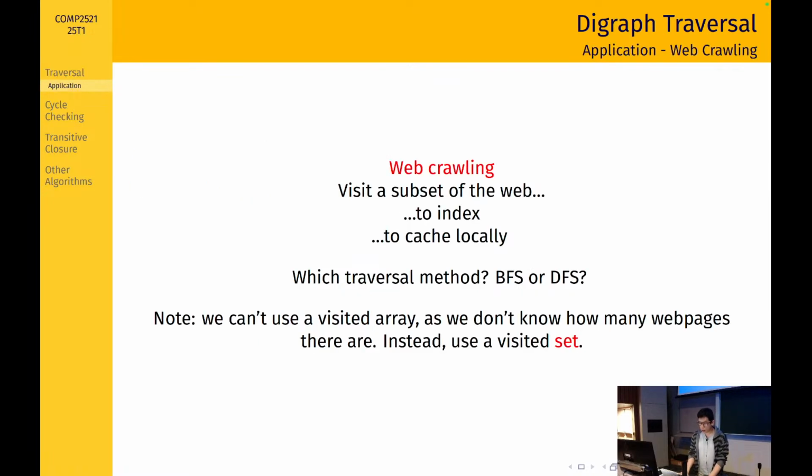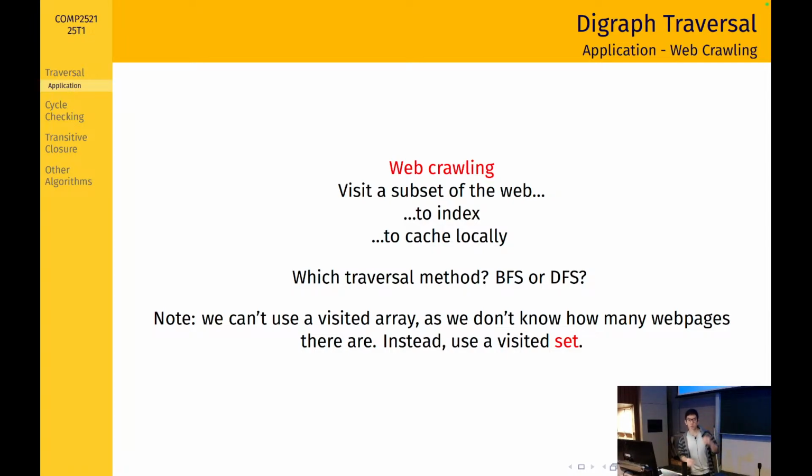Okay. And what is an application of digraph traversal? So one is web crawling. So does anyone know what web crawling is or have heard of web crawling before? No? Okay. So web crawling is when we essentially crawl or traverse a subset of the internet, right?